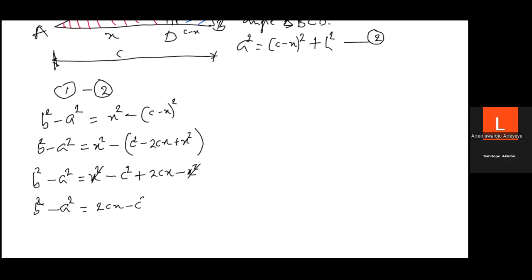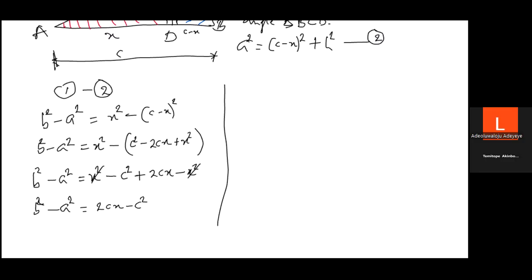So we can make a squared the subject by rearranging. Take a to the right-hand side and the terms on the right-hand side to the left.